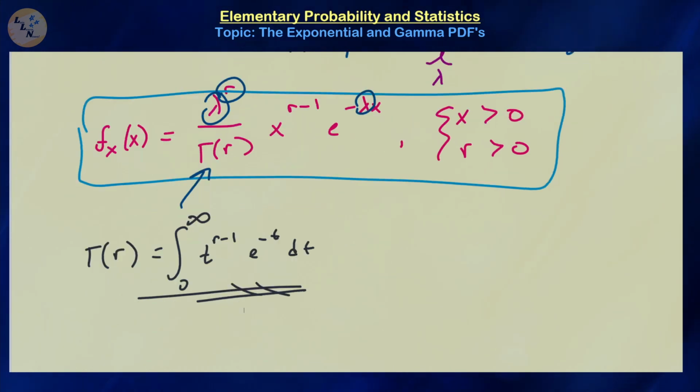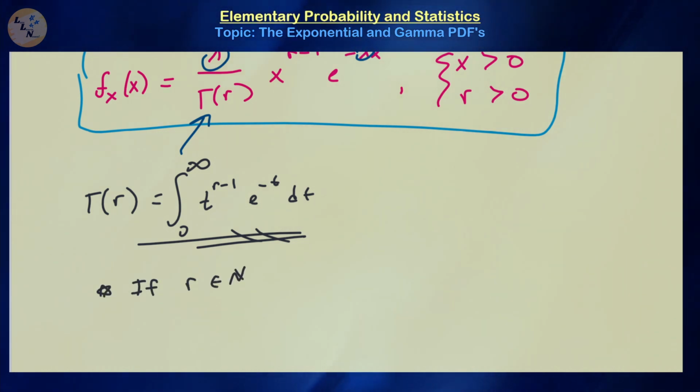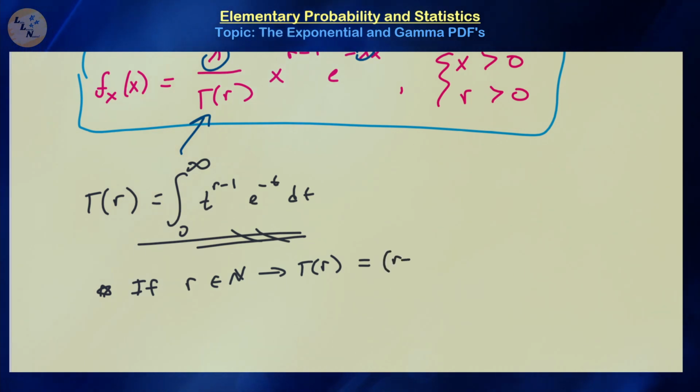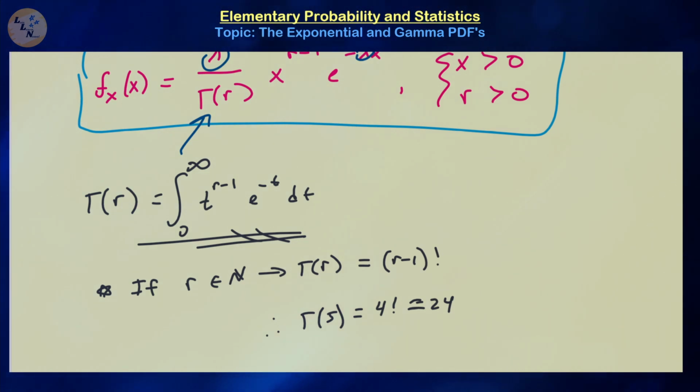But sometimes you don't need the integral representation, because if r is a natural number, like 1, 2, 3, 4, and so on, then gamma of r is just equal to (r minus 1) factorial. For example, gamma of 5 is the same as 4 factorial, which is 24. So as long as the value of r is nice, you don't need to know calculus to evaluate this function, which is pretty nice.